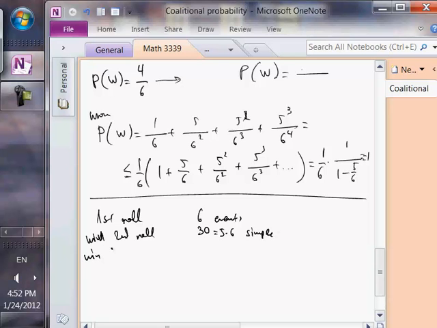Win on the third roll: 25 times 6. Win on the fourth roll: 125 times 6. We have 5 cubed, which is 125, times 6. So how many simple outcomes do we have in total?